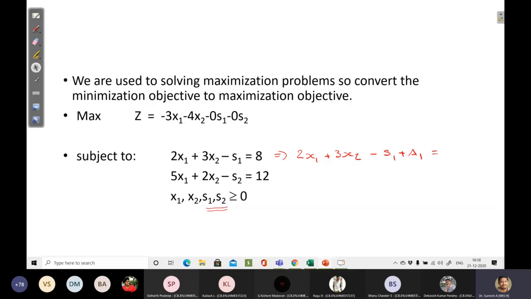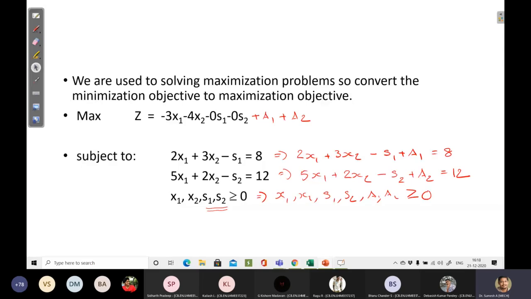And the next one will be 5x1 plus 2x2 minus s2 plus a2 equals 12. And the objective function will be modified as plus a1 plus a2. And non-negativity you can write: x1, x2, s1, s2, a1, a2 greater than or equal to 0.